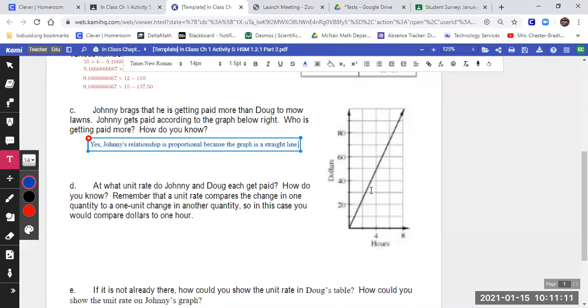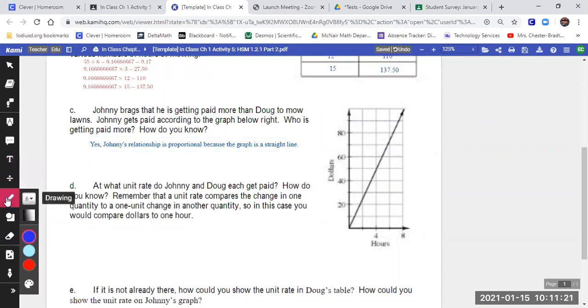So now we've got to look at, is Johnny really earning more? To do that, we have to find where the graph is going through the exact corner where the two lines meet. See how this point right here is not going through the corner of a square? And this one is not going through the corner of a square.